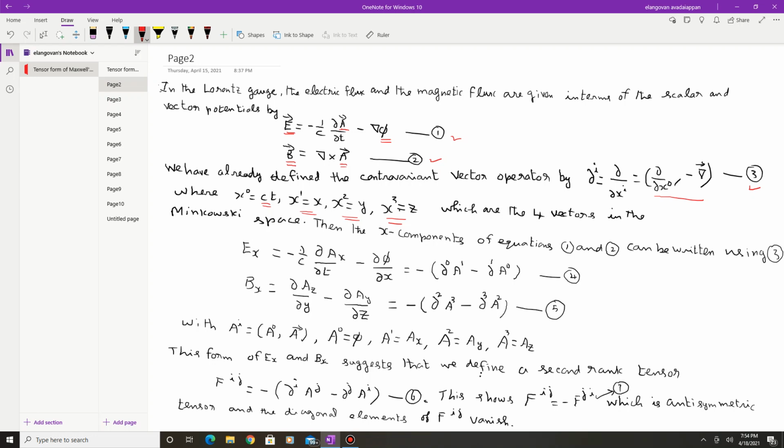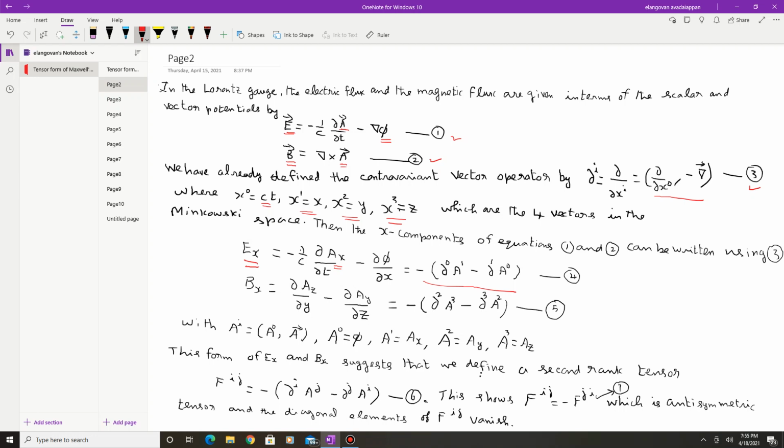Now the x components of equations 1 and 2 can be written using 3. Using this vector operator, equations 1 and 2 can be expressed like this. First let us write down the x component. Here E_x is the x component of equation 1, partial dA_x by dt is the x component, and partial d phi by dx is the x component of the gradient of phi. This can be expressed in terms of the operator.